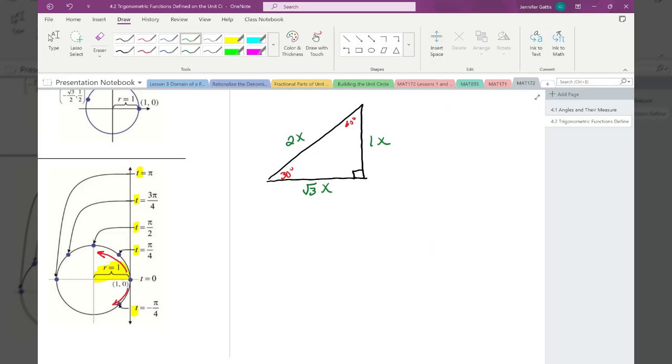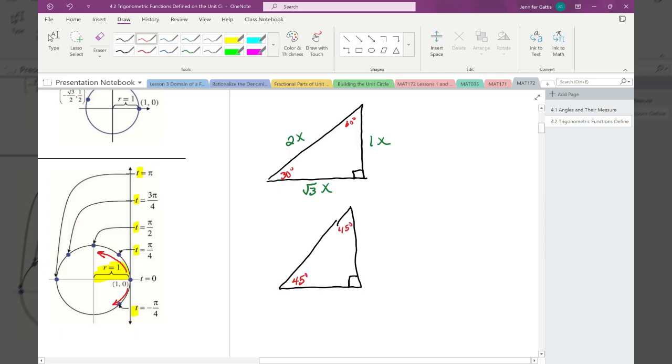Then the other triangle that you learned about was a 45, 45, 90 triangle.